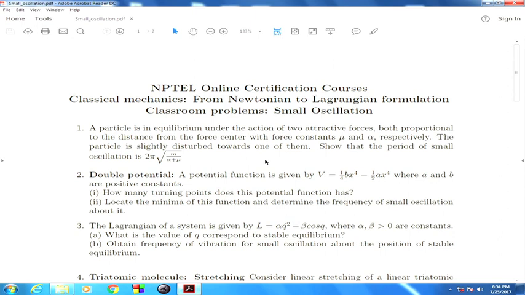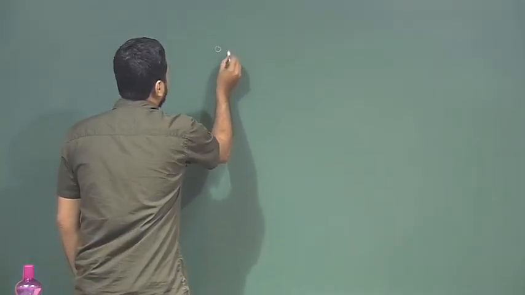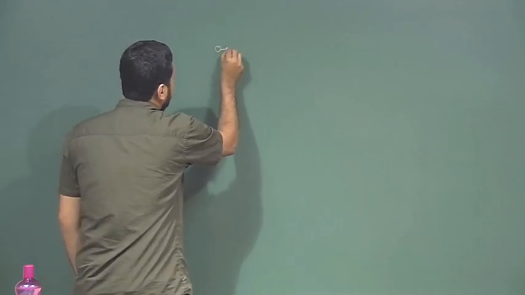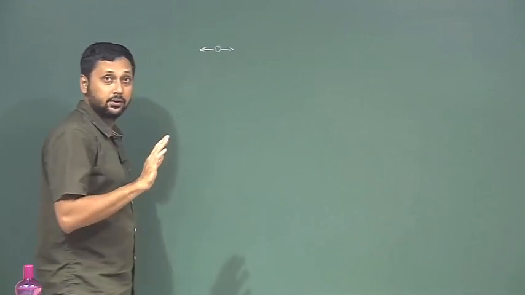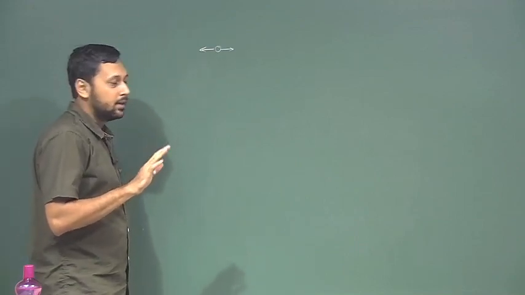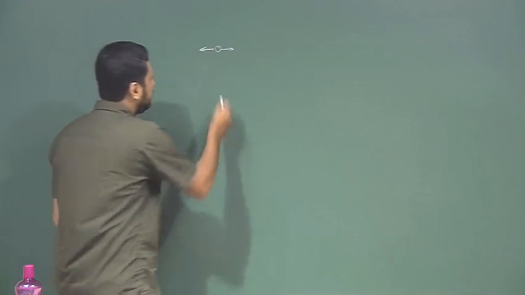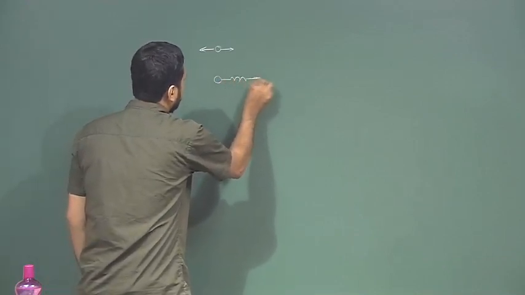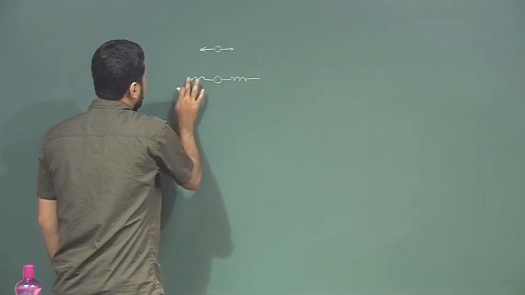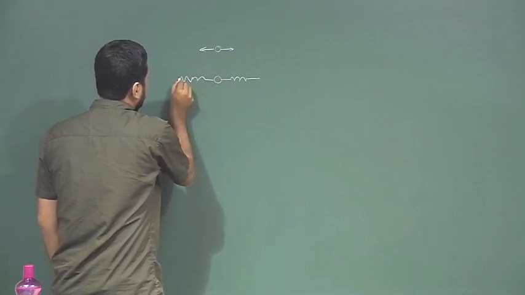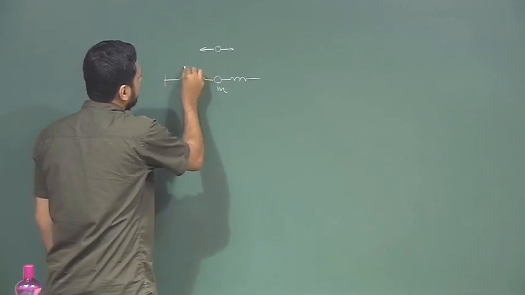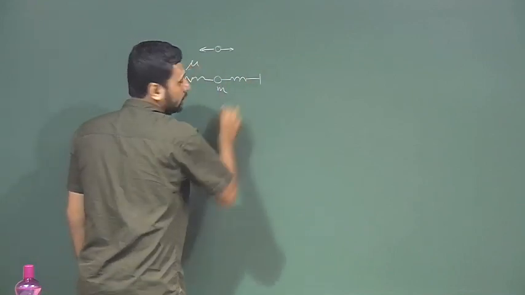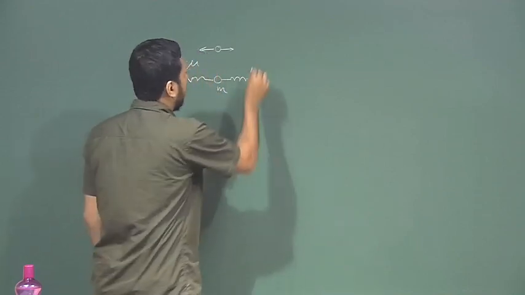First of all, let us look at this situation. We have one particle which is in equilibrium under the action of two attractive forces from both sides. We do not know what type of force this is, but we can draw an analogy by adding two springs on two sides of this mass m, one with spring constant mu, one with spring constant alpha.